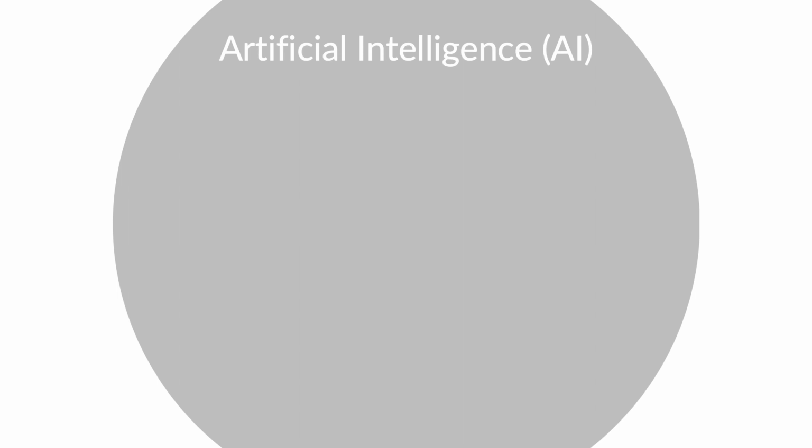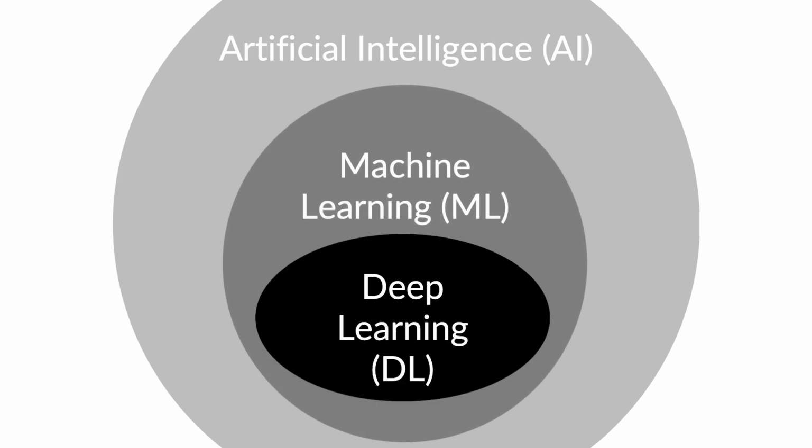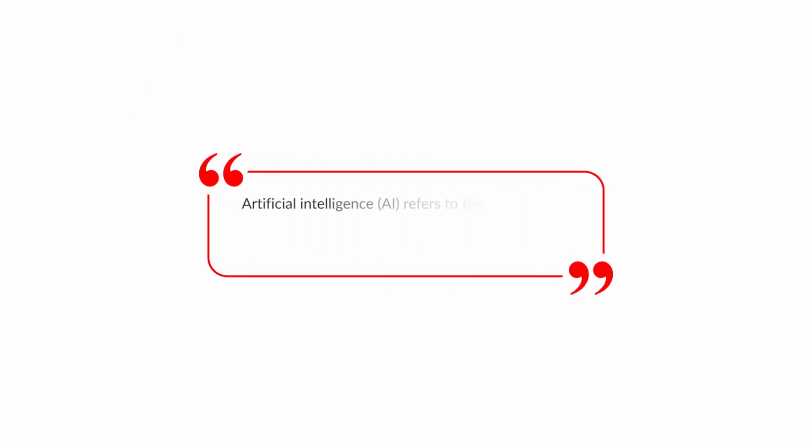Have you ever thought about the difference between the terms of artificial intelligence, machine learning, and deep learning? Well, they are different, but they are interrelated. Because, for instance, artificial intelligence is a major field that encloses machine learning, that in turn encloses deep learning. But what is artificial intelligence?